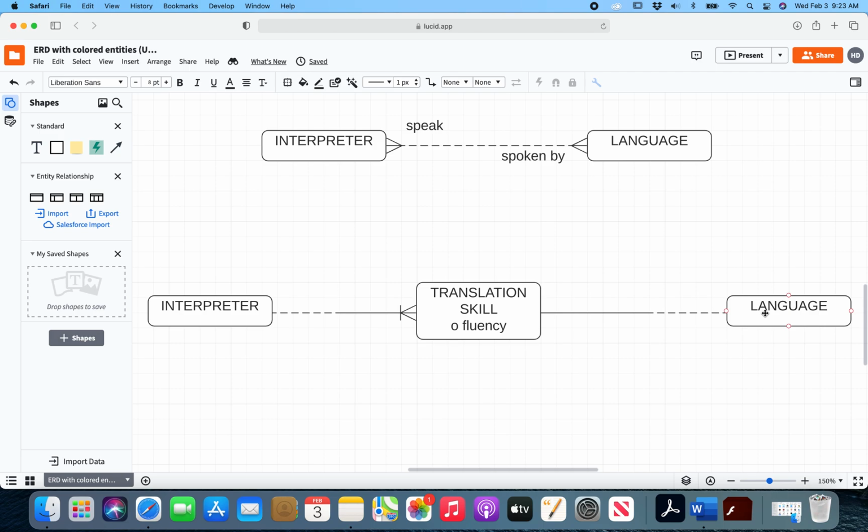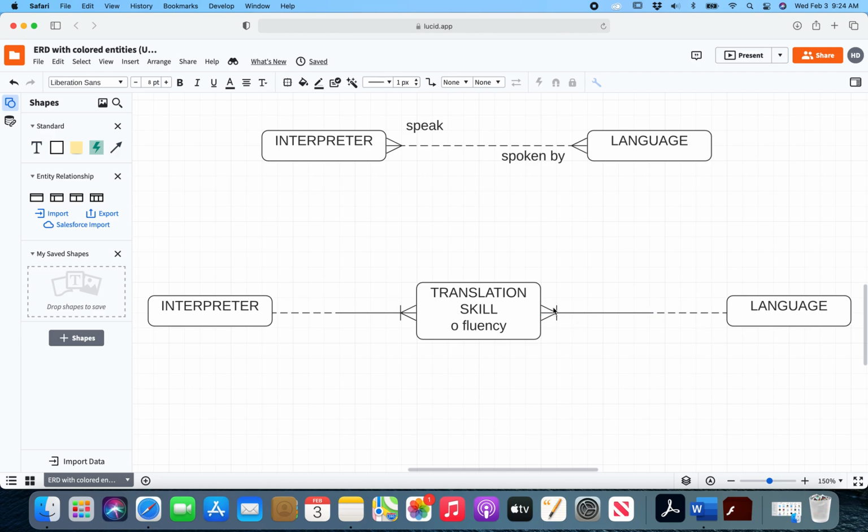This may be German, and we may have 4 interpreters that know this language. So the language may have one or more translation skills for interpreters, because we may have more than one interpreter who speaks that language, and we may have someone who's a beginner, someone who's an expert, someone who's intermediate at it.